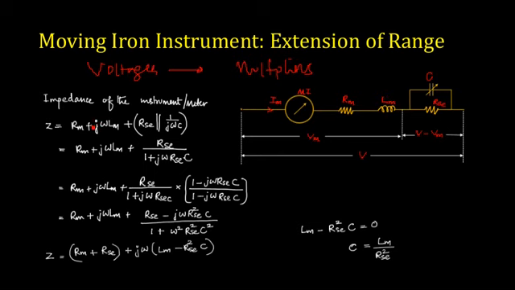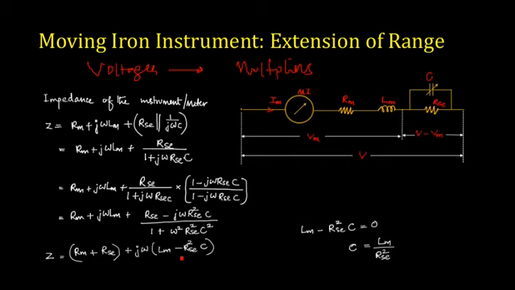Okay, so the total impedance seen by the current Im will be given by Rm plus j omega Lm, this impedance, plus Rc in parallel with 1 by j omega C. Okay, now once you simplify it, you will arrive at this particular equation.